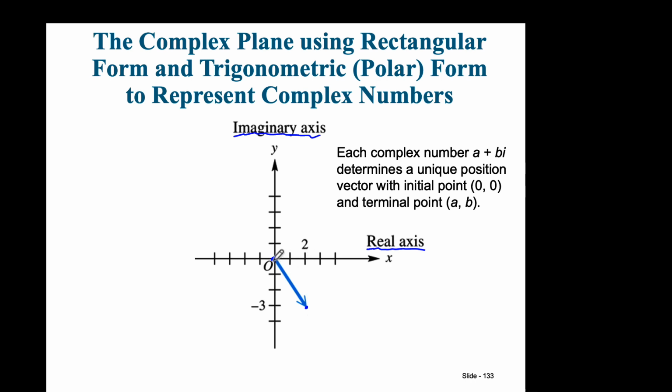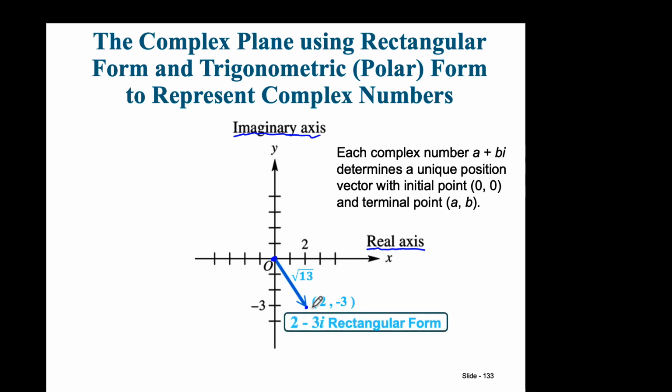So in this example, it's 2, -3. Let's put some notes on this. That point right there is 2, so a, comma -3, that's b. The length of this vector right here, we can find, it's the square root of 13. We're going to find that using the Pythagorean theorem.